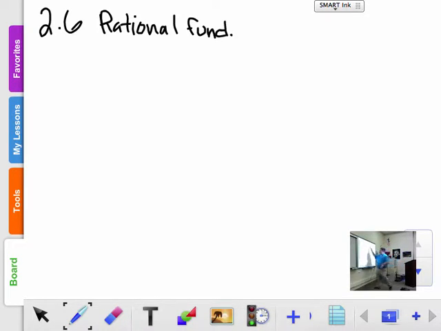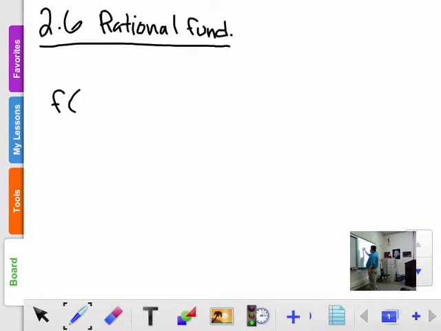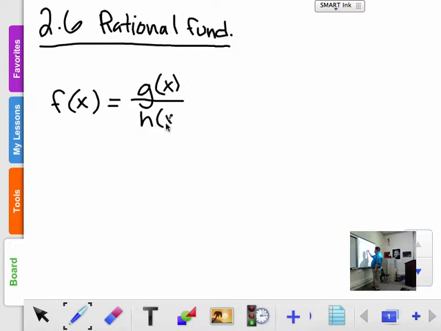It's a fraction, okay? So we're going to have f of x, and we can write f of x as a function over a function, so we can think of it like g of x over h of x.